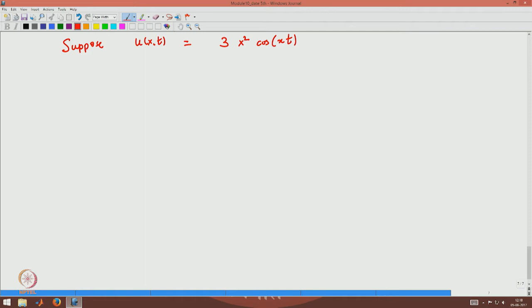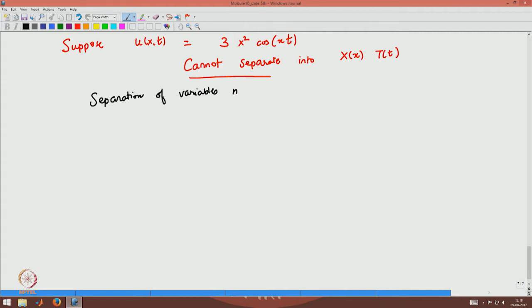If you had something like this, then you cannot separate it into X(x) times T(t). So what I want to say is that separation of variables need not always hold. There might be solutions that do not have this form.